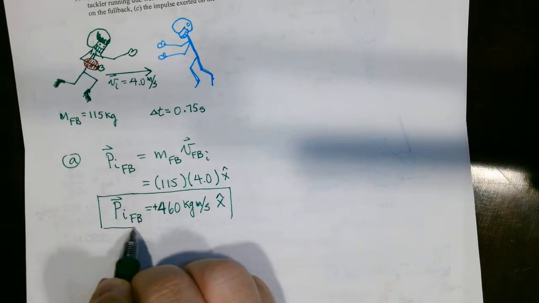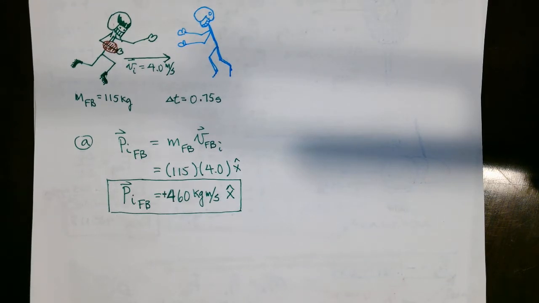So this is the original initial momentum for the fullback.